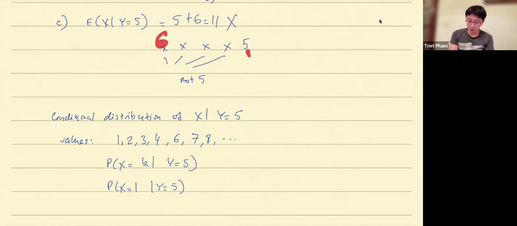It provides the information that the first toss cannot be a 5. But if the first toss can't be a 5, then among the values remaining, you can get a 6 with probability 1/5. Do you understand?